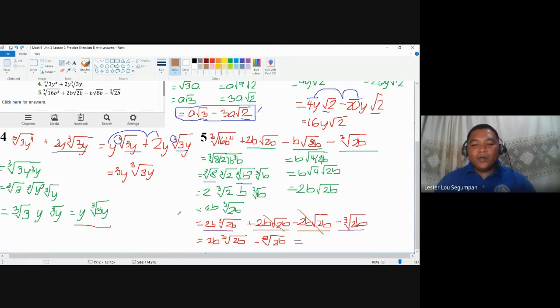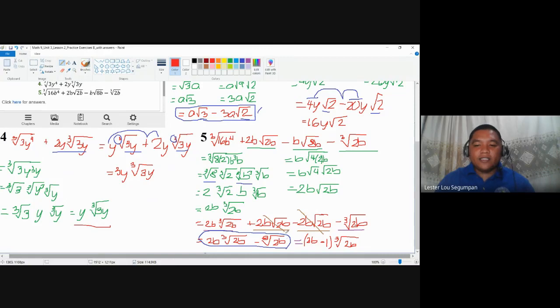So what we could actually do here is to factor out cube root of 2b. By the way, for me, I will accept this. This is already acceptable. Okay? But you could write it better by factoring the cube root of 2b. So you will have here cube root of 2b, and you have the quantity of 2b minus 1, because we have here 1.